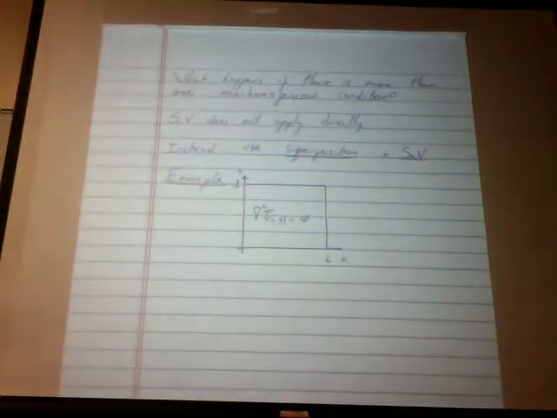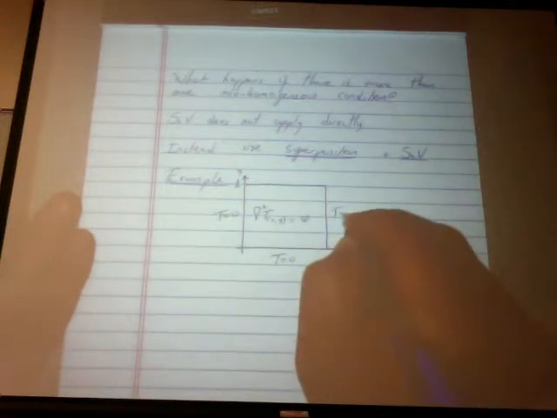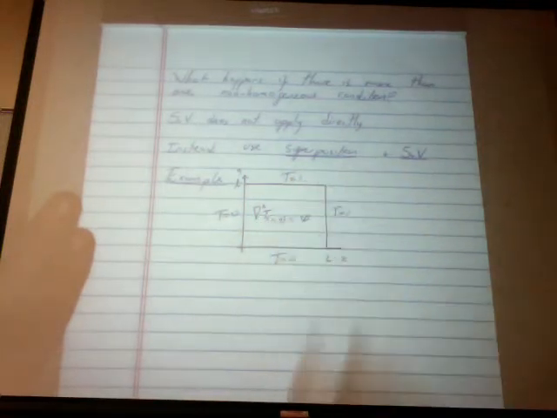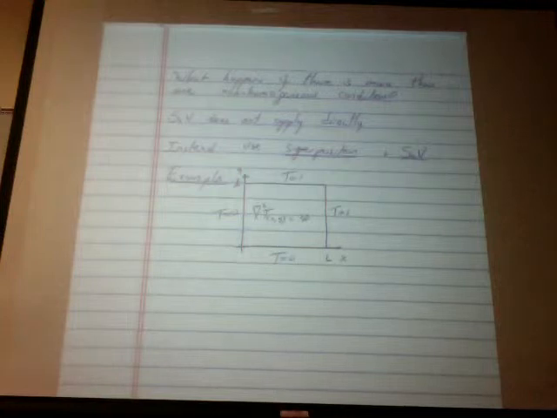So steady heat conduction with constant conductivity and no generation. Here we have T equals 0, and here we have T equals 0, here we have T equal 1, and here we have T equal 1. Now we have two non-homogeneous conditions.